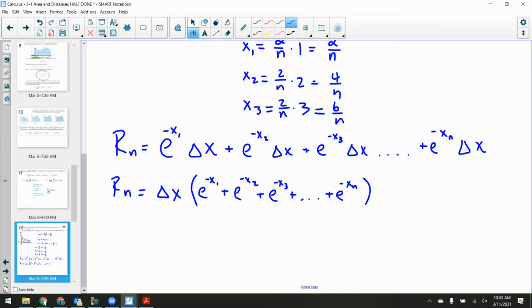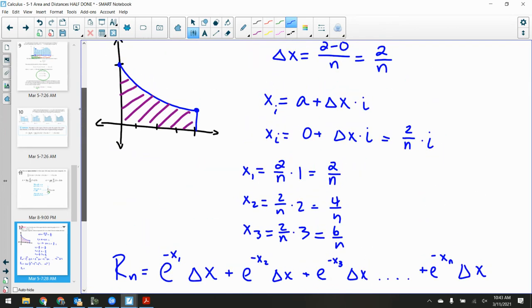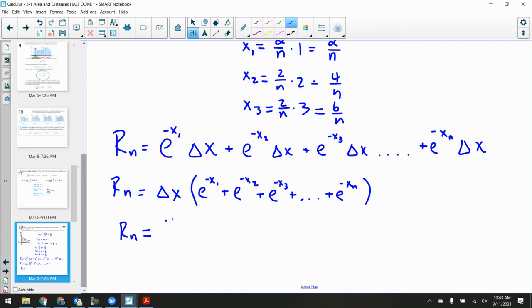Now, let's figure out what this is going to be. Rn is equal to, what is delta x again? 2 over n times e to the negative 2 over n plus e to the negative 4 over n plus e to the negative 6 over n, all the way up to e to the negative.